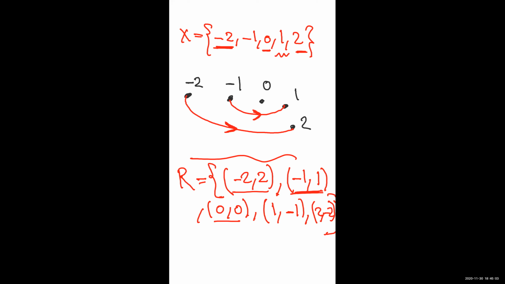We said before that if it's the same element, it will be like a circle or a loop on the number, with one arrow like this. Then 1 and -1: one arrow from 1 to -1. And then the last one, 2 and -2: one arrow from 2 to the element -2, like this.